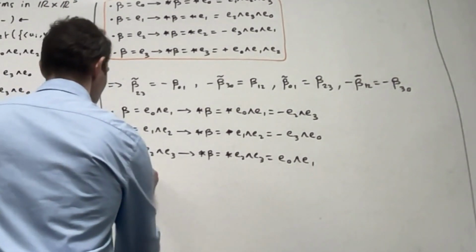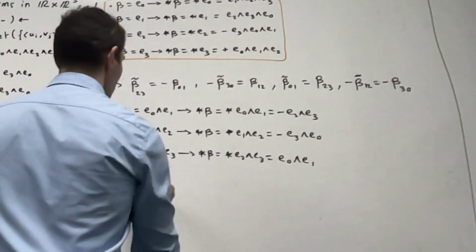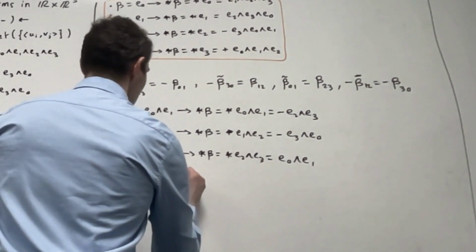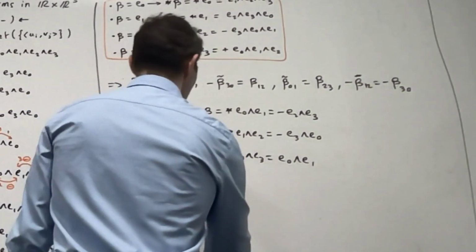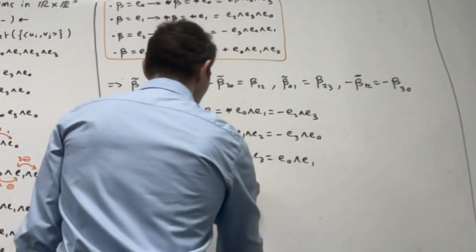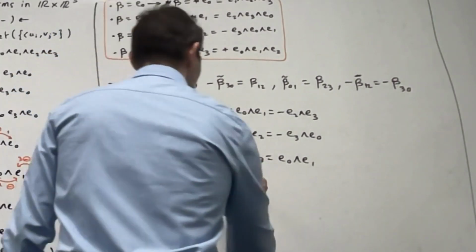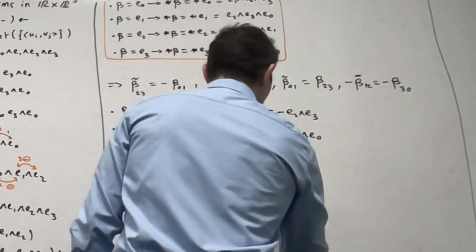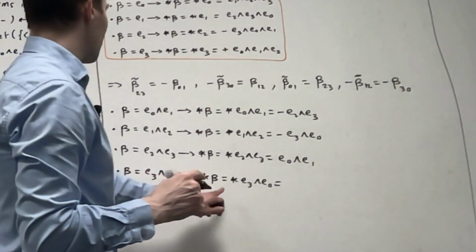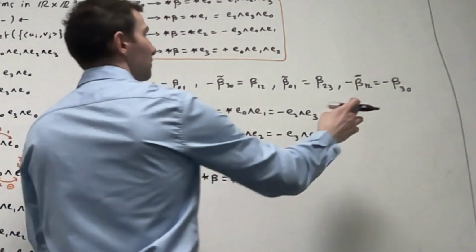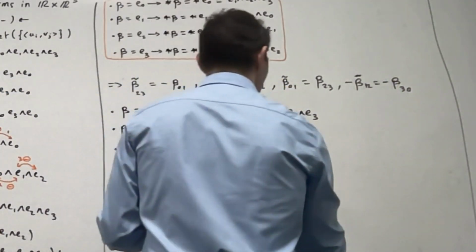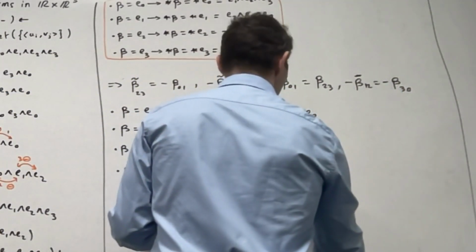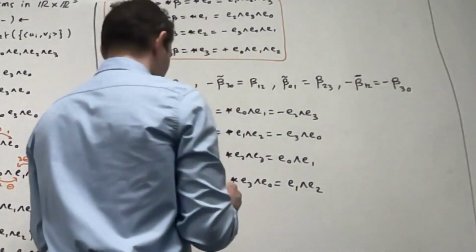And then finally, beta is equal to E3, E0, and that leads to star beta being star E3, E0, and that's equal to, so again, 3, 0 is equal to that, and that's actually E1, E2.